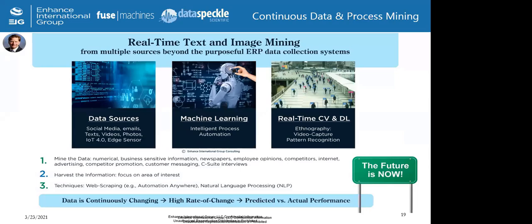However, the actual data, the day in the life of the employee, has been kind of left out there. And what we're seeing is with this new digital revolution through social media, emails, text, the day in the life of the person is now being captured into ones and zeros.